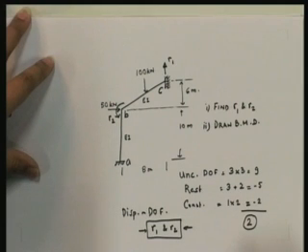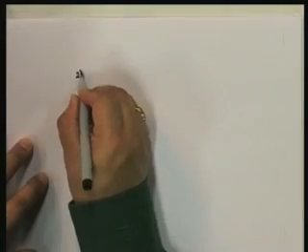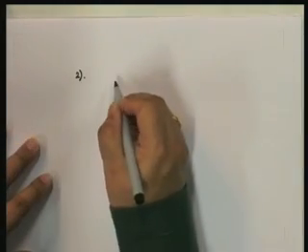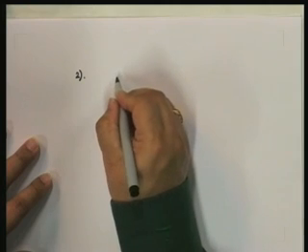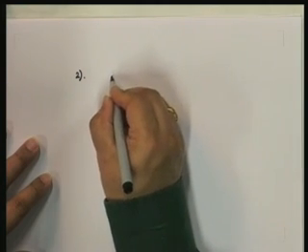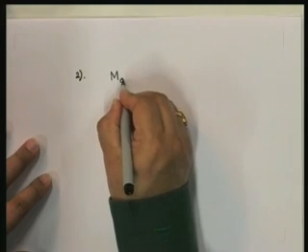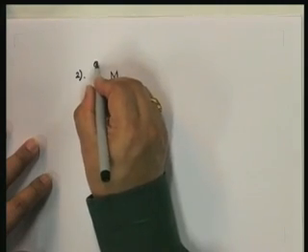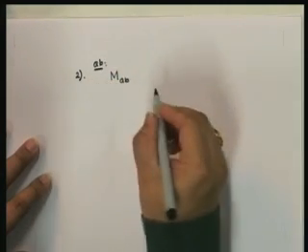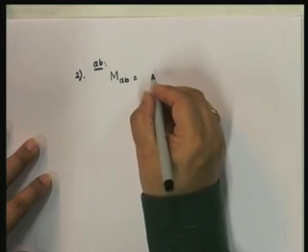So what's the next step? Step 2. For AB, what is the equation? Member force deformation, M. So I'm going to write it down for AB.